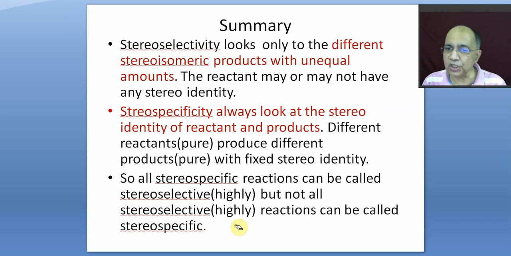But all stereospecific reactions can be called stereoselective, highly stereoselective, in a crude way. It's not a good way, but a crude way you can call them. But not all stereoselective reactions can be called stereospecific. When I say selective, I mean highly stereoselective.